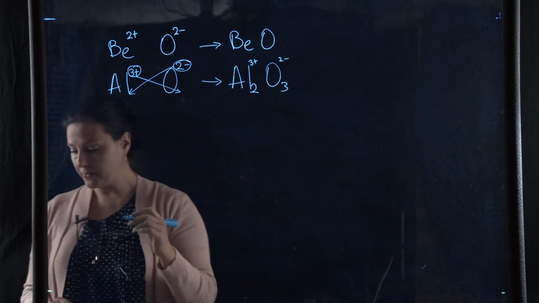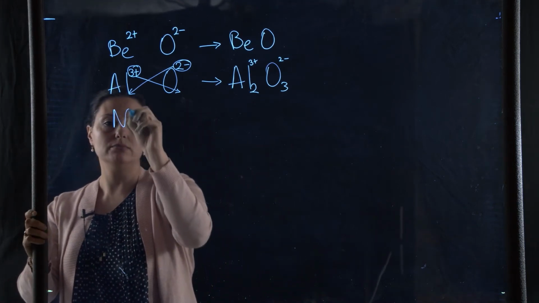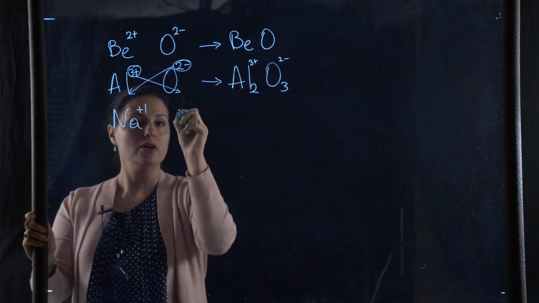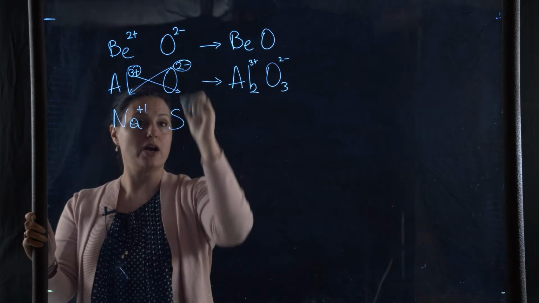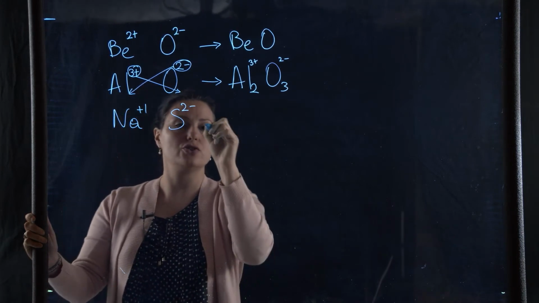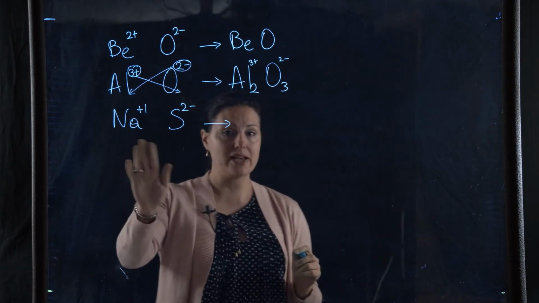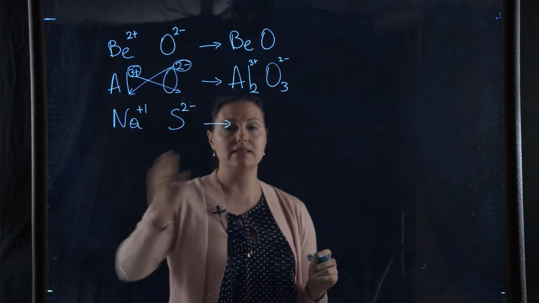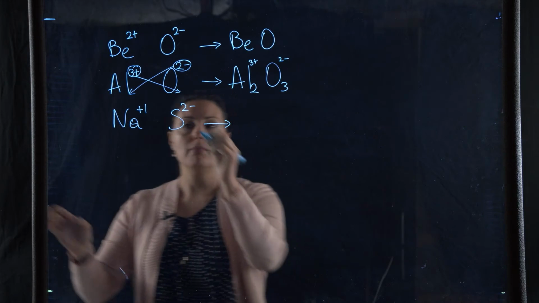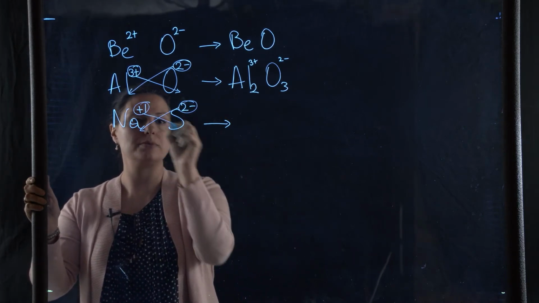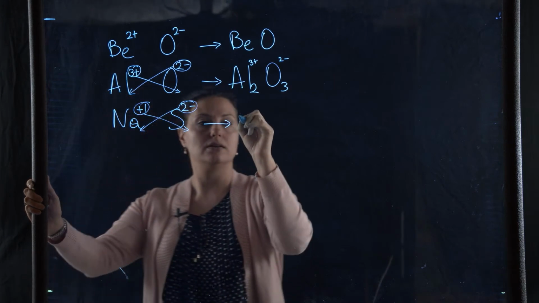I have sodium and sulfur. Sodium, we said, is group 1, so it always has a +1 charge. Sulfur is group 6 with oxygen, so it will have a 2- charge, always. Now, I don't have them matched up, so if I just write NaS, that is not a neutral compound. But once again, I can take the charges and bring them down as subscripts for the opposite element.